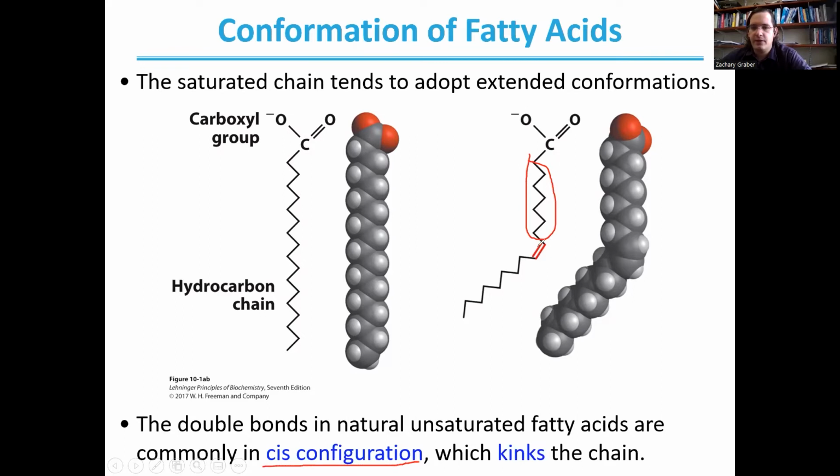Remember, cis refers to the two bonds on either side of our double bond going out in the same direction, whereas trans would be with them pointing in opposite directions. Most of our double bonds in fatty acids will tend to be cis double bonds, and this creates this bend in our carbon chain, right? So we can have a straight portion at each end, but we always get this bend or kink in the middle of our carbon chain.